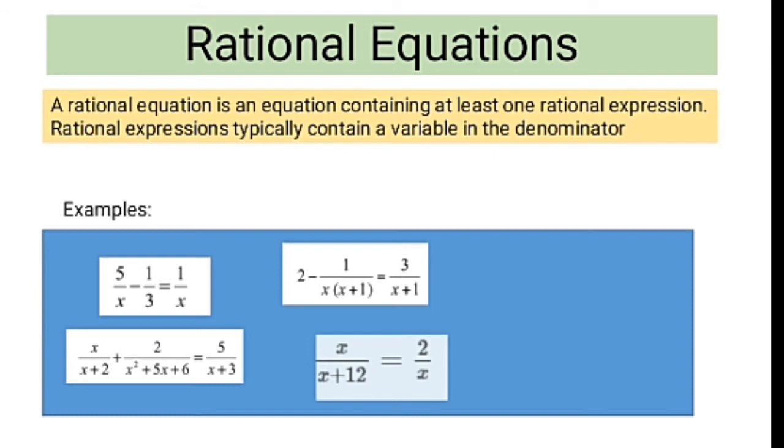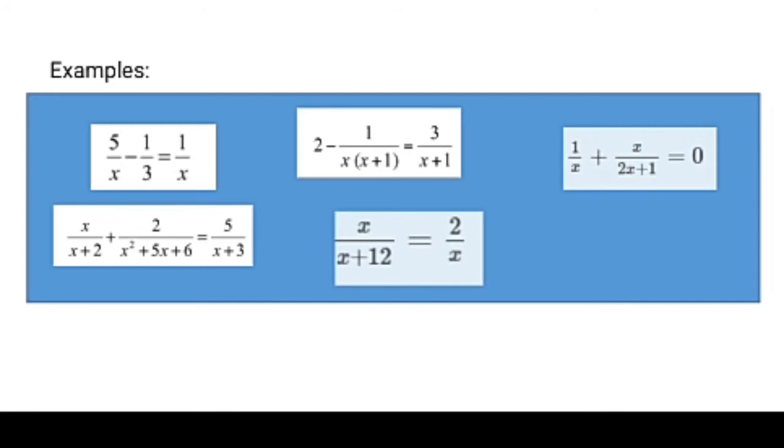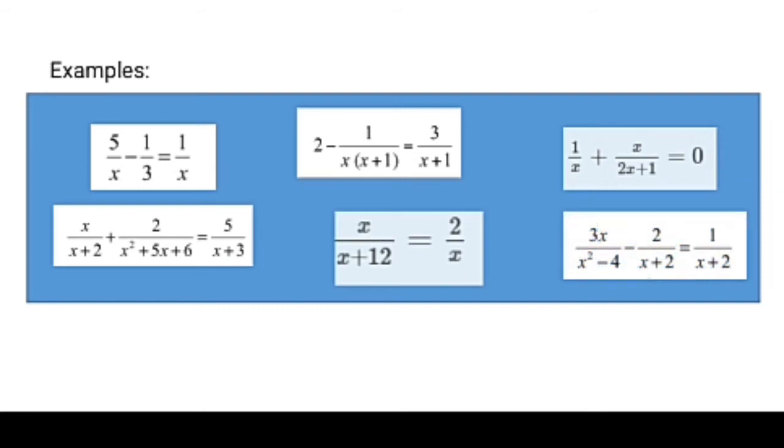As you have observed in the given examples, there is a variable in the denominator. Another is 1 over x plus x over 2x plus 1 equals 0. Then the last example is 3x over x squared minus 4 minus 2 over x plus 2 equals 1 over x plus 2. Another hint here that it is a rational equation is that there is an equal sign.